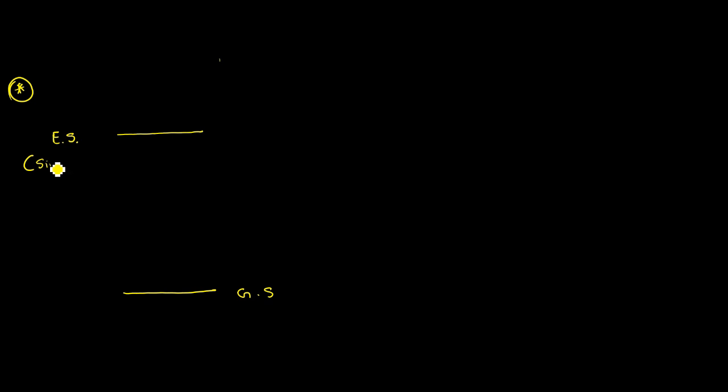This is the singlet, so we can denote it as S1. This is S0. Singlet excited state, singlet ground state. And there is also our second type of excited state, which is the triplet excited state.